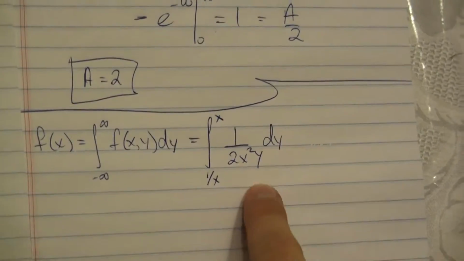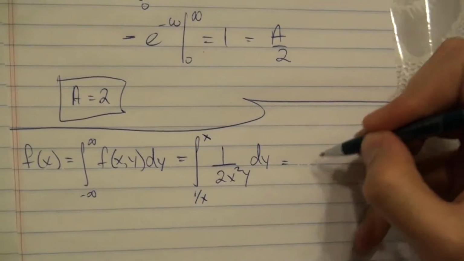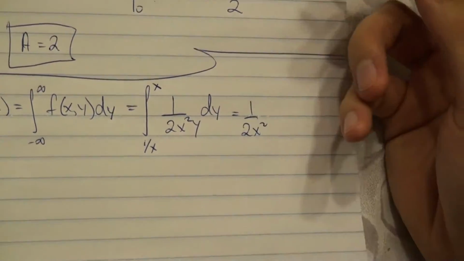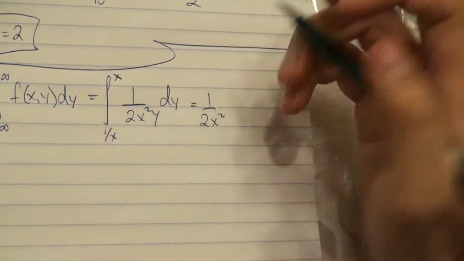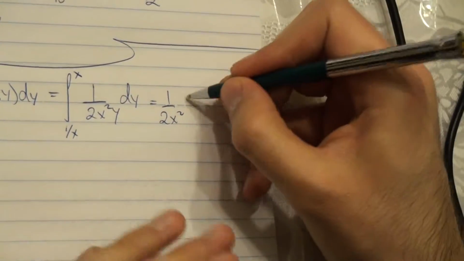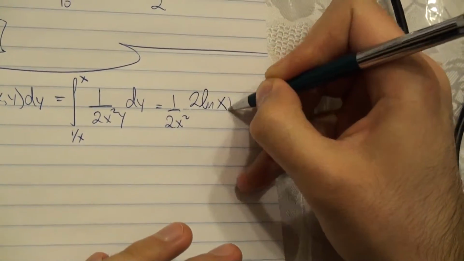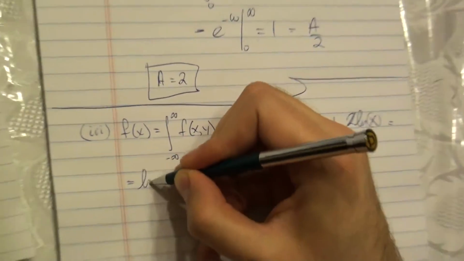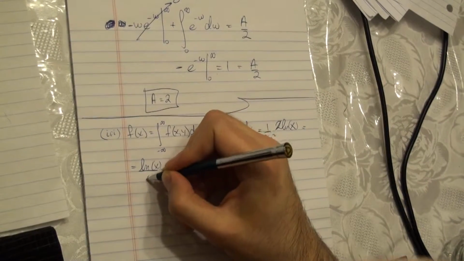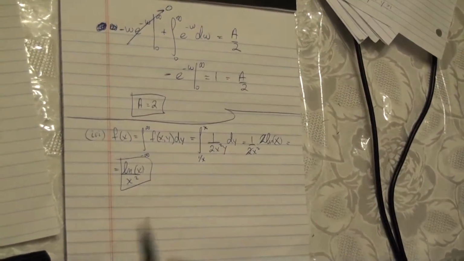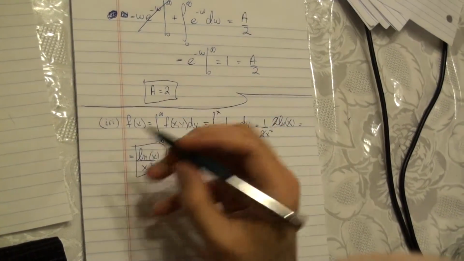Because we're only integrating with respect to y, we can take out the 1 over 2x squared. We just get 1 over y, the integral of 1 over y is just natural log of, from 1 over x to x. We solved that before. It's going to be ln of x squared, which is just 2 ln of x. 2's cancel, and we are left with ln x over x squared. So this is f of x.